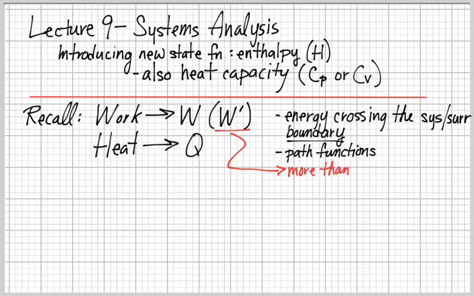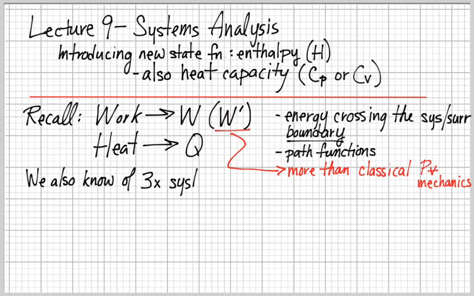And in each case of work and heat, we're really just describing energy crossing the system surrounding boundary, which is what makes them path functions and not state functions. I have W prime up there because I want to remind you that we are talking about more than just classical pressure volume mechanics. We are going to use non-mechanical work extensively in this class, and enthalpy has a tight connection with that.